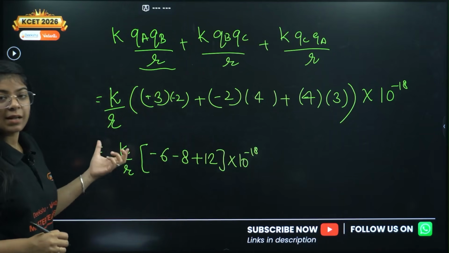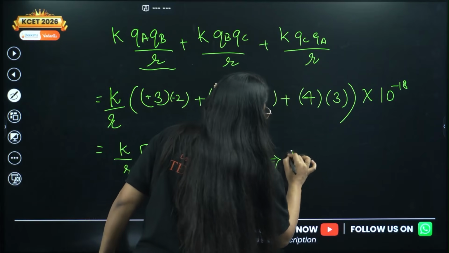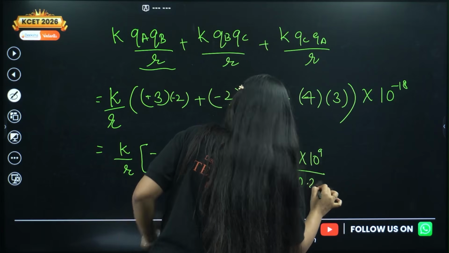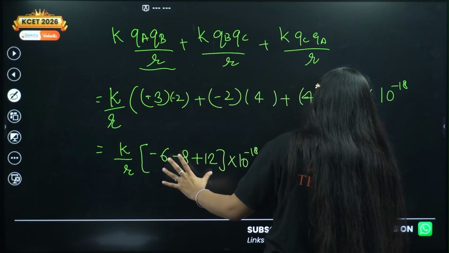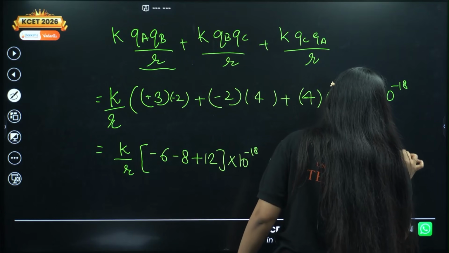Now K is 9 into 10 raised to the power 9 and R given was 0.2. So that is 9 into 10 raised to the power 9 divided by 0.2. For this whole system, the calculation will come out to be -2 into 10 raised to the power minus 18.